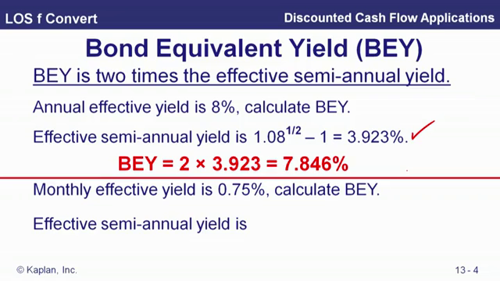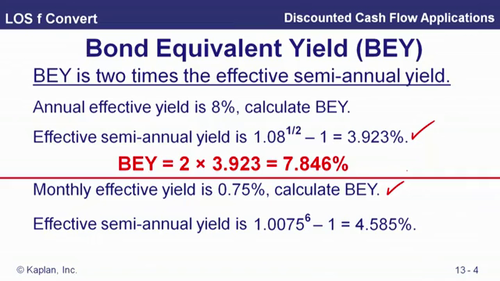Now, let's go the other way in the second example here. If the monthly effective yield is 0.75%, calculate the bond equivalent yield. Now remember, the bond equivalent yield is 2 times the semi-annual effective rate. We know the monthly effective rate or yield, so we can compound that monthly rate for 6 months.